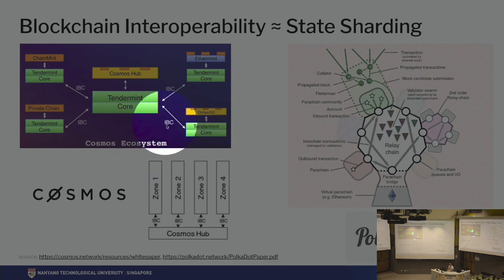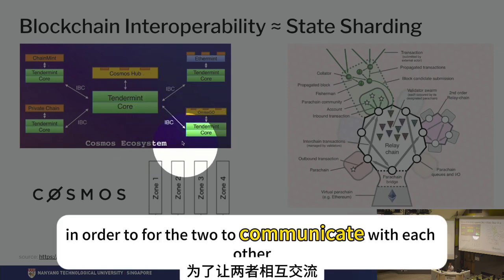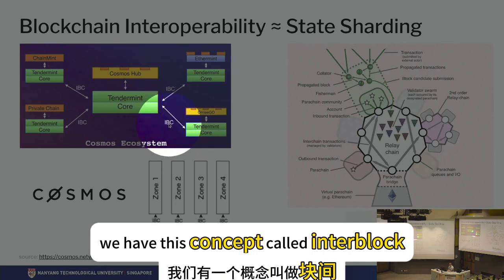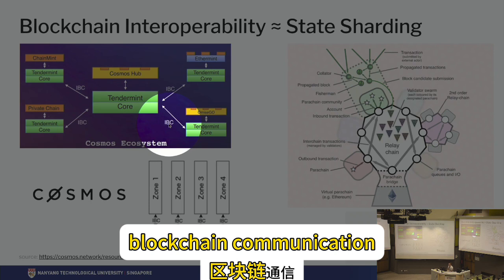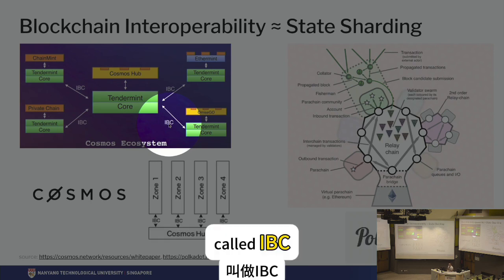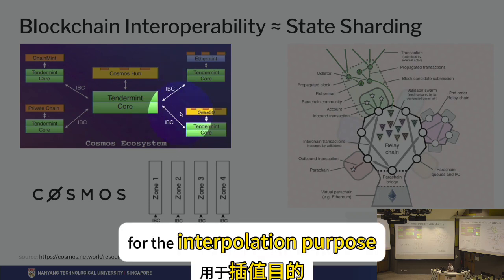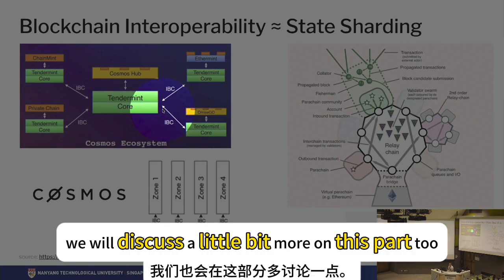In order for the two to communicate with each other, we have a concept called inter-blockchain communication, IBC, for the interoperability purpose. We'll discuss a little more on this part too.